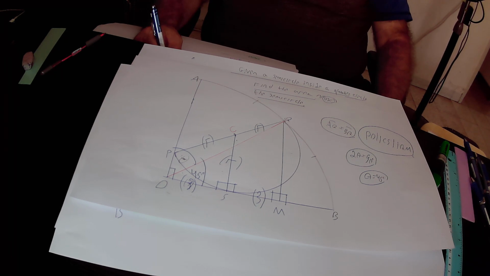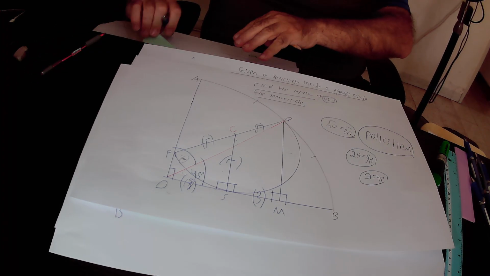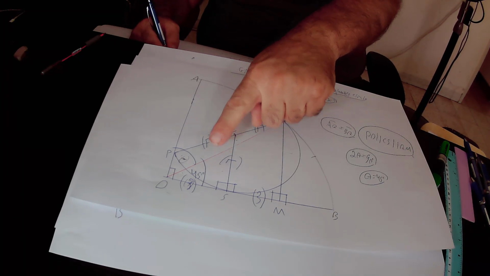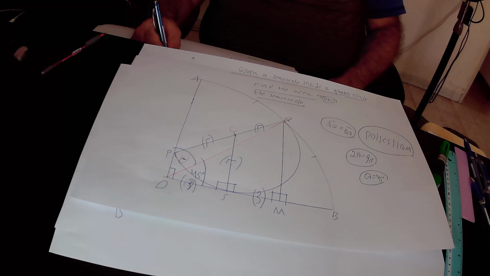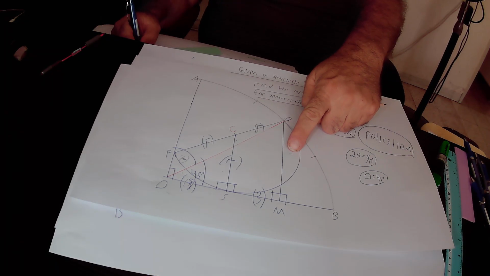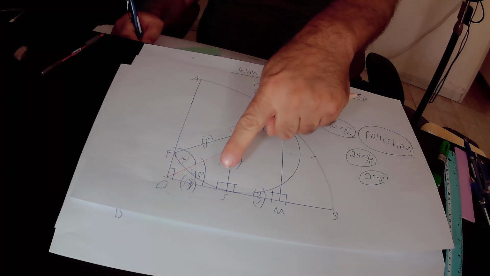So in the right triangle QOM, tangent 45 degrees equals QM over OM.